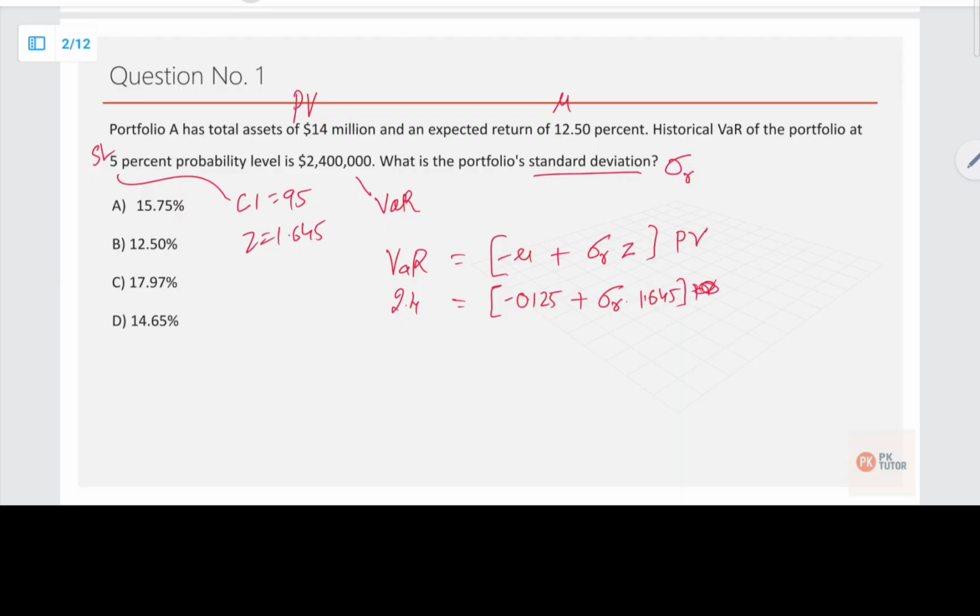PV is equal to 14 million. So after rearranging and calculating, you can pause the video and see the answer. Sigma of return is 17.97%. So this is the answer.